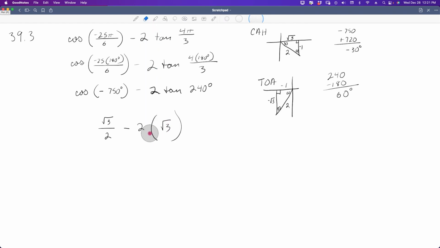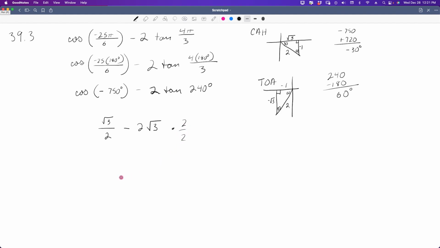And we can just remove the parentheses and put that together. So now we have 2 times the square root of 3, and we want to subtract these two, so we need to get a common denominator. So we're going to multiply this times 2 over 2.